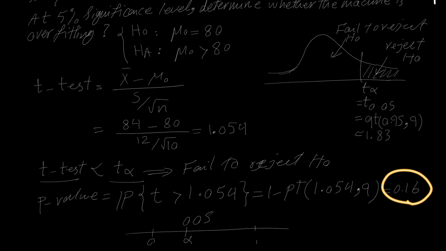This is 0.16 and this is 0.05. You see that the p-value is greater than alpha. So when p-value is greater than alpha, then we fail to reject the null hypothesis. It means there is no significant evidence that the machine is overfitting.